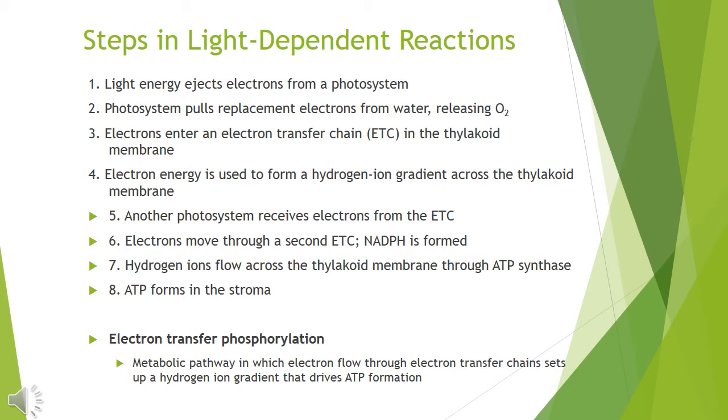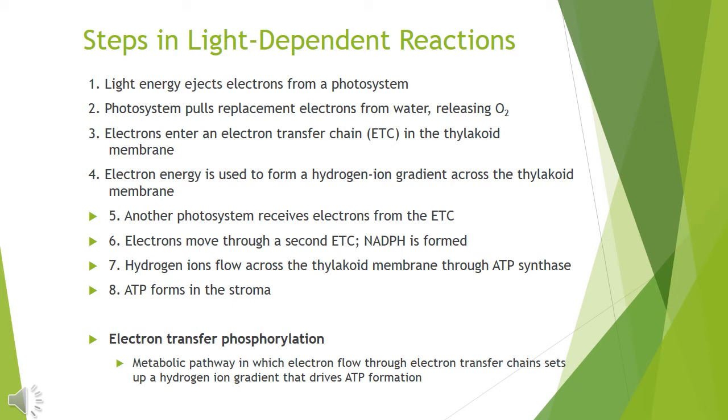That gets thrown over to the light independent reaction that we'll get to in just a little bit. Number 6, electrons will move through that second electron transport chain, and NADPH will be formed. That only happens once there.